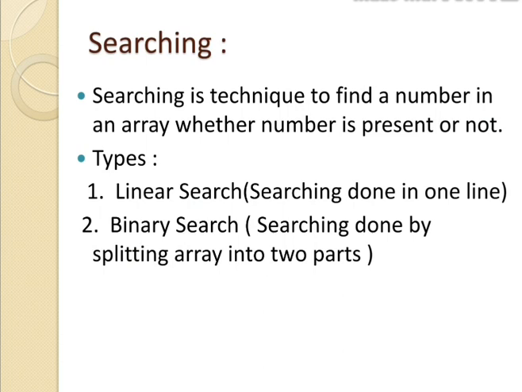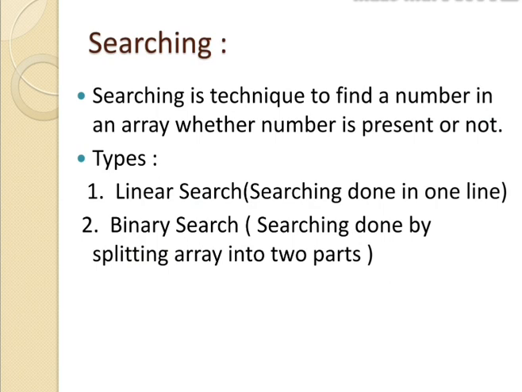Linear means in a particular sequence, and binary means two. Always remember, binary search deals with splitting the array into two parts. Always search an element by splitting into two parts. Always match the element with the mid element.